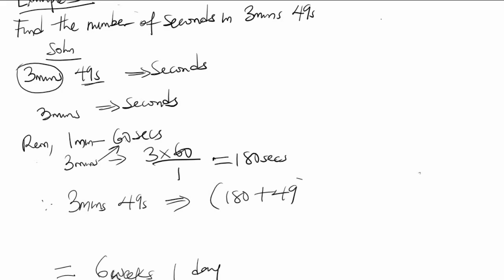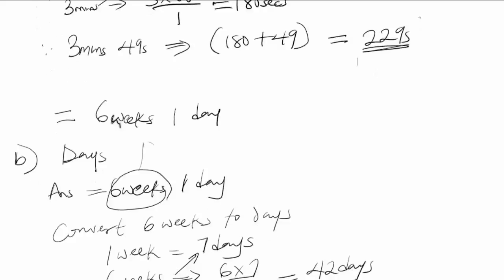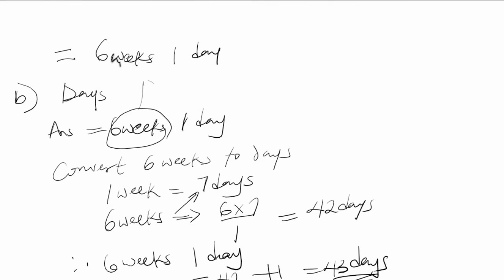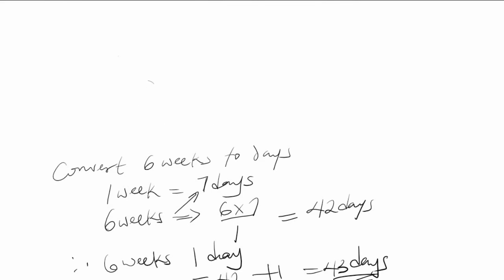Then we'll just add the 49 that was there from the beginning to give us 229 seconds. That is it. Quite simple, if you agree with me. Okay, let's try the last example.